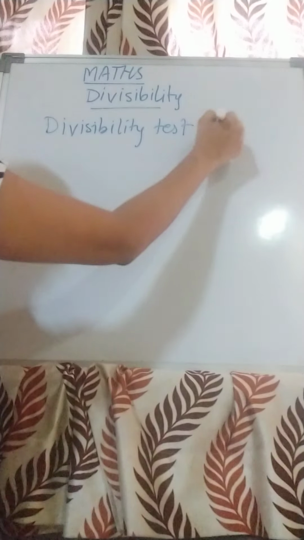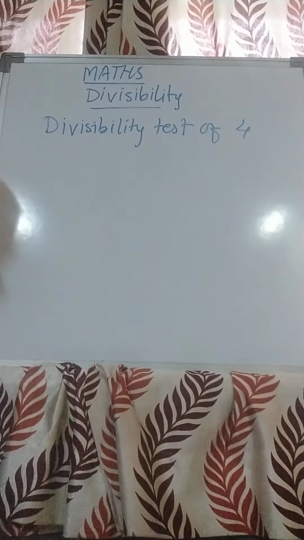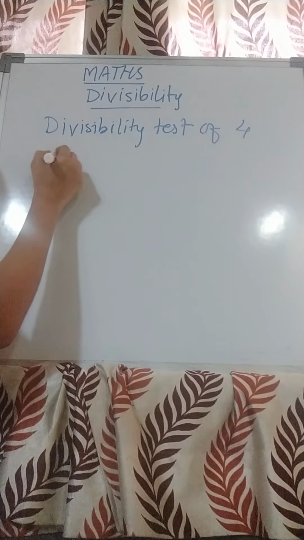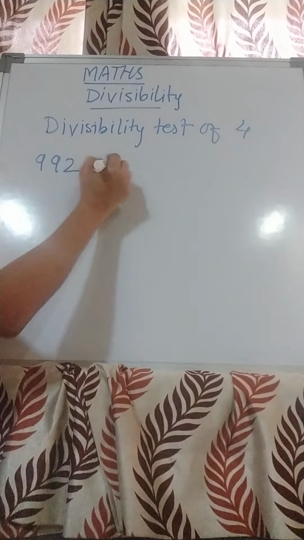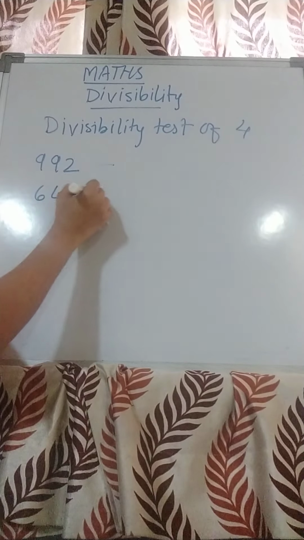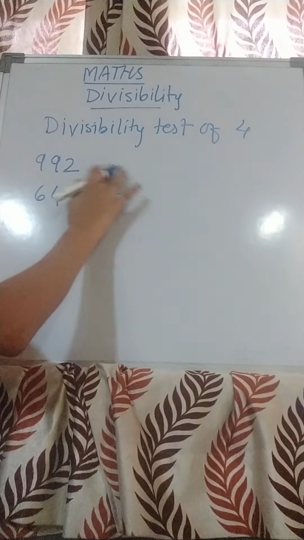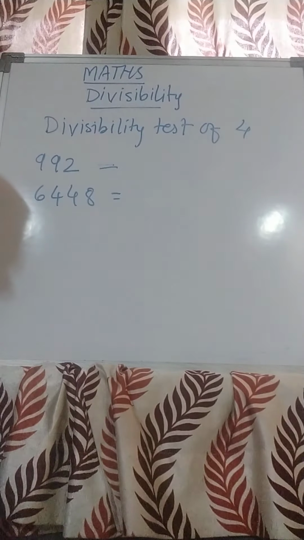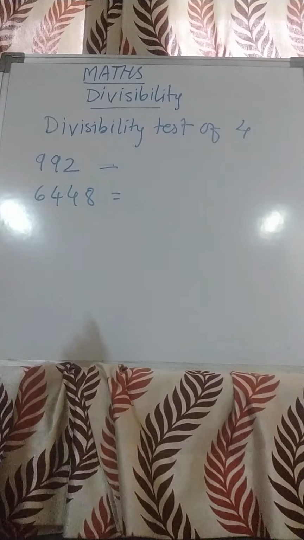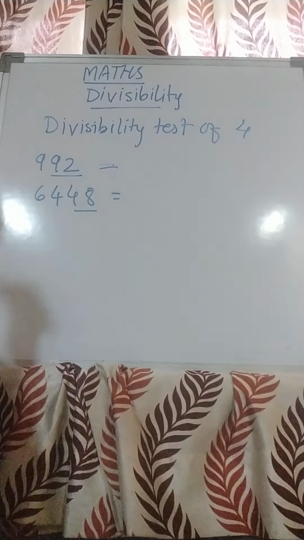Right? Now what is the fourth divisibility test? Now see, take some examples. 992, then next is 6448. In these two cases, observe the digits in the tens and unit place, meaning observe the last two digits.